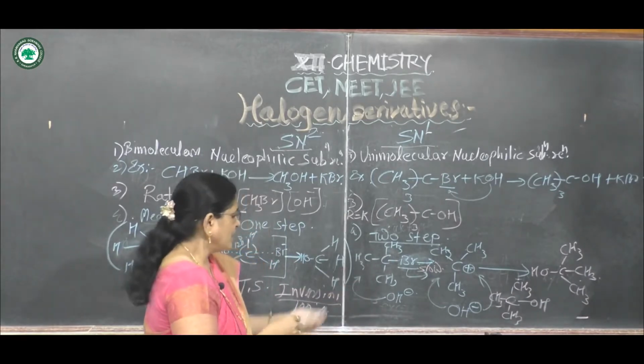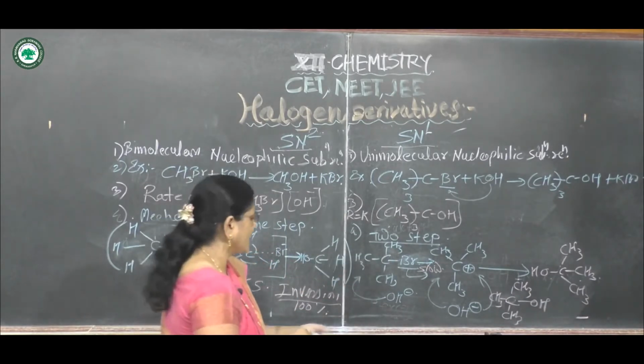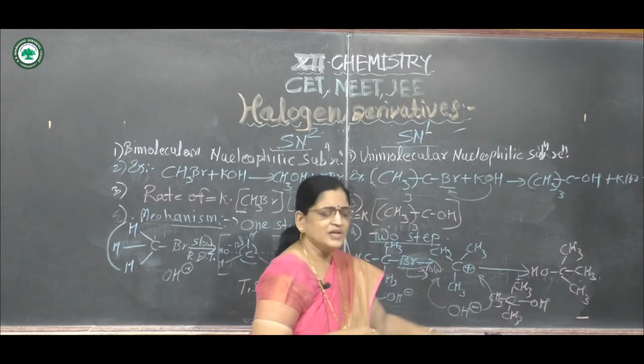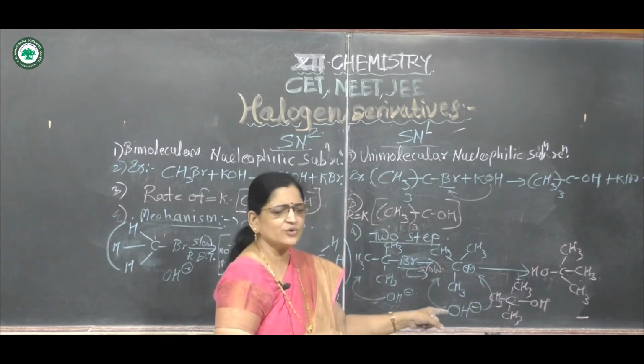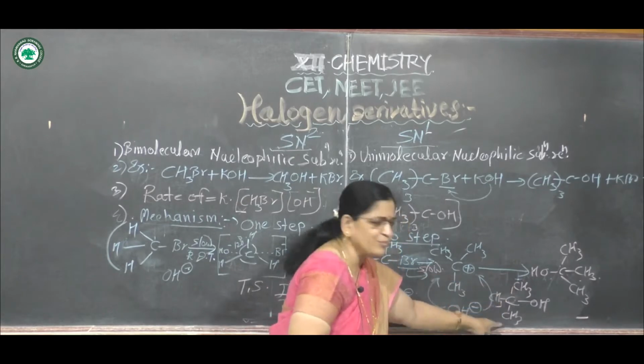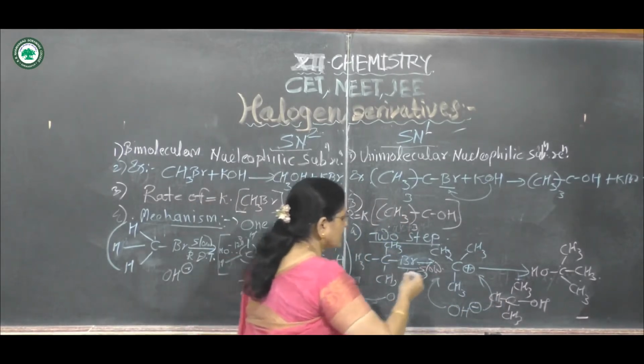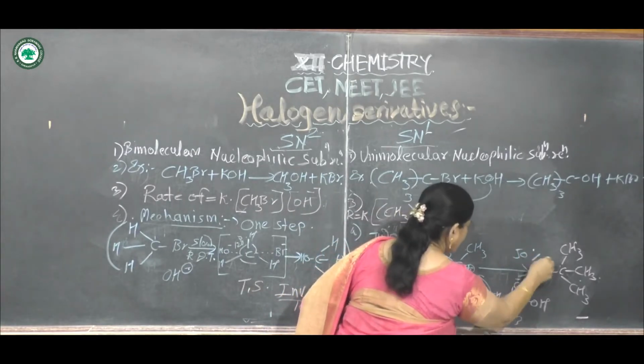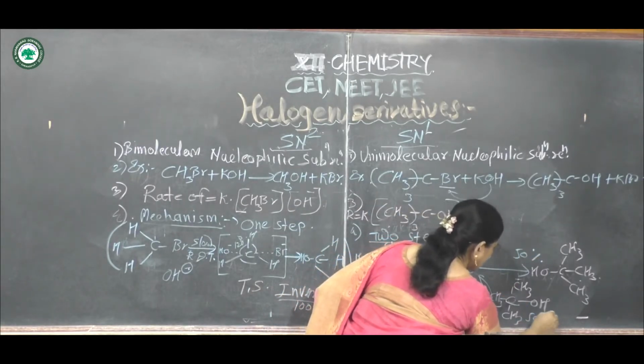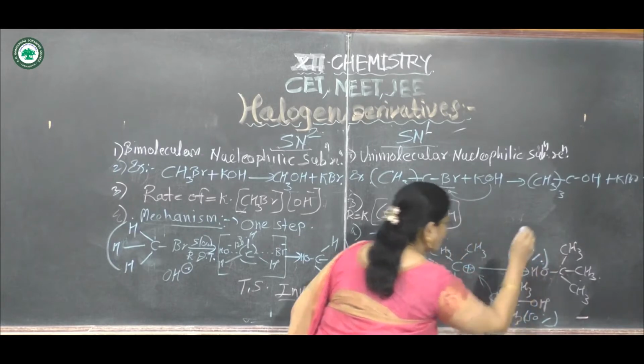The first molecule is called inversion in configuration, and the second molecule is called retention in configuration. That means these three groups are retained in the product as they are, hence there is 50% inversion and 50% retention of configuration.